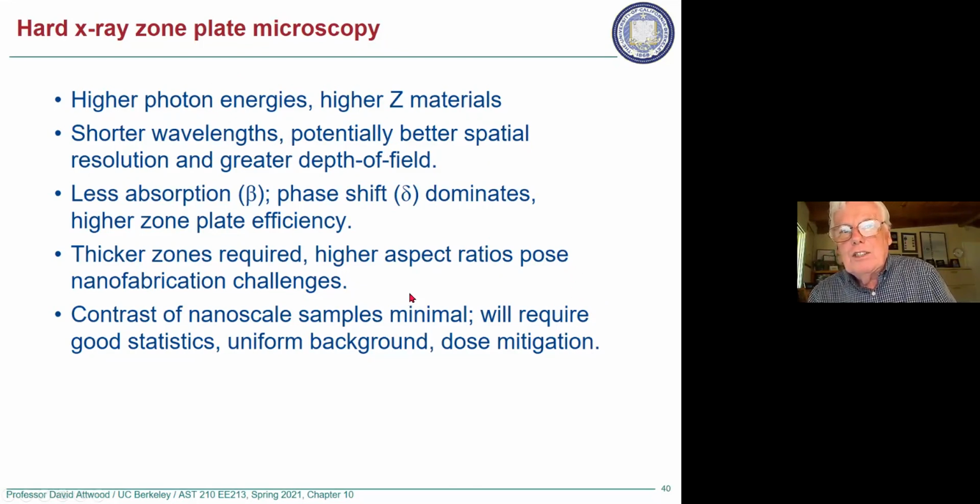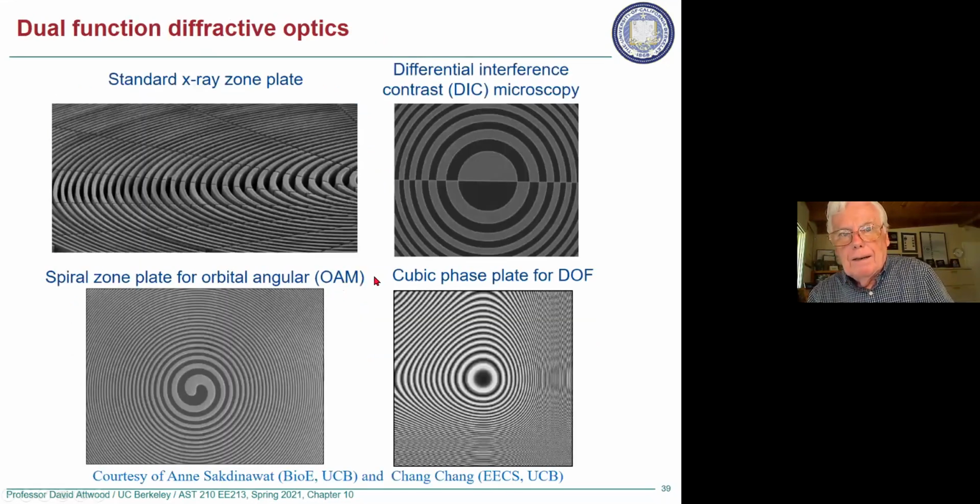So in general, for hard X-rays, you needed to go from what the soft X-ray or EUV zone plates had, thickness to width aspect ratios typically 3:1 for soft X-rays, but for hard X-rays, it becomes much harder.